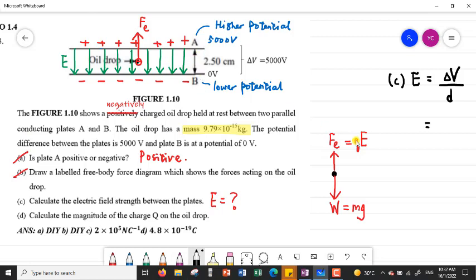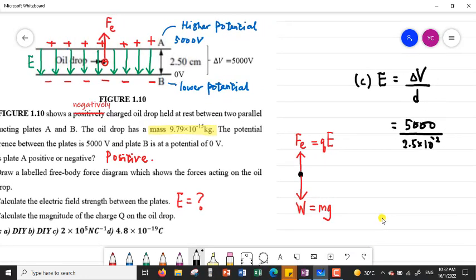So we have the potential difference of 5000 divided by the separation between the two plates, which is 2.5 × 10^-2 centimeter. Change it to meter, for calculation in SI unit. You might pause the video to do the calculations.